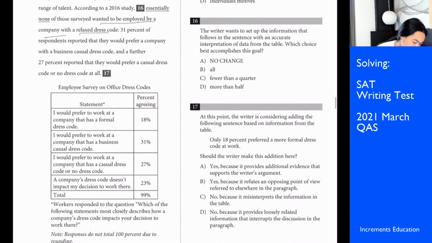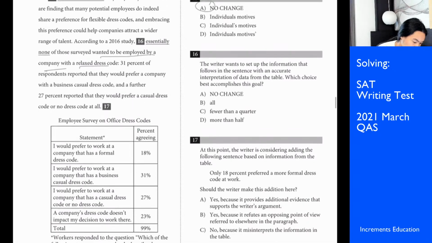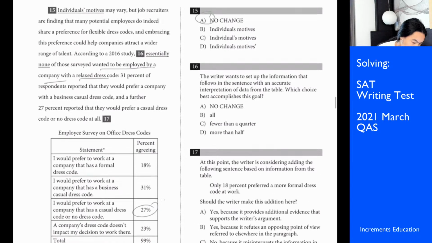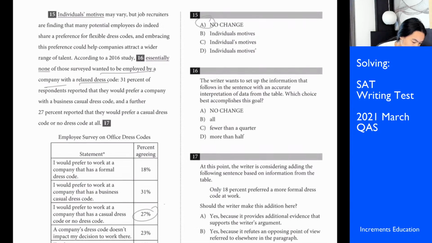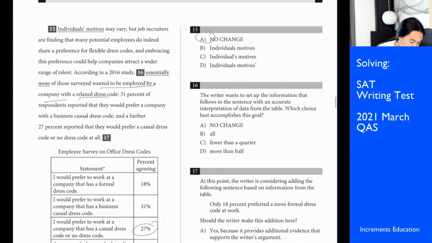So how many wanted to be employed? The relaxed dress code. Okay, 27.